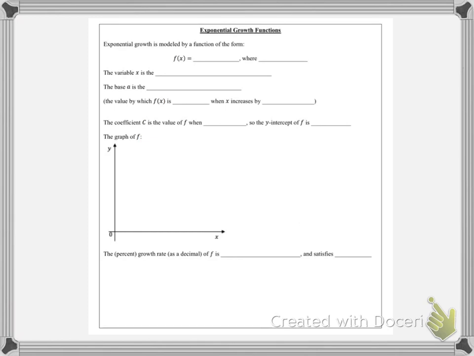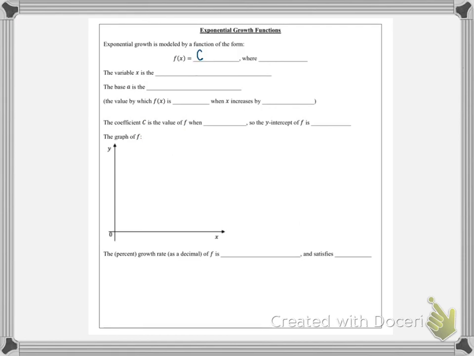So let's start with exponential growth. Again, just like we just talked about with that linear function, we can just think about what's happening here, right? We start with some initial value, and then what operation are we doing repeatedly? Multiply.